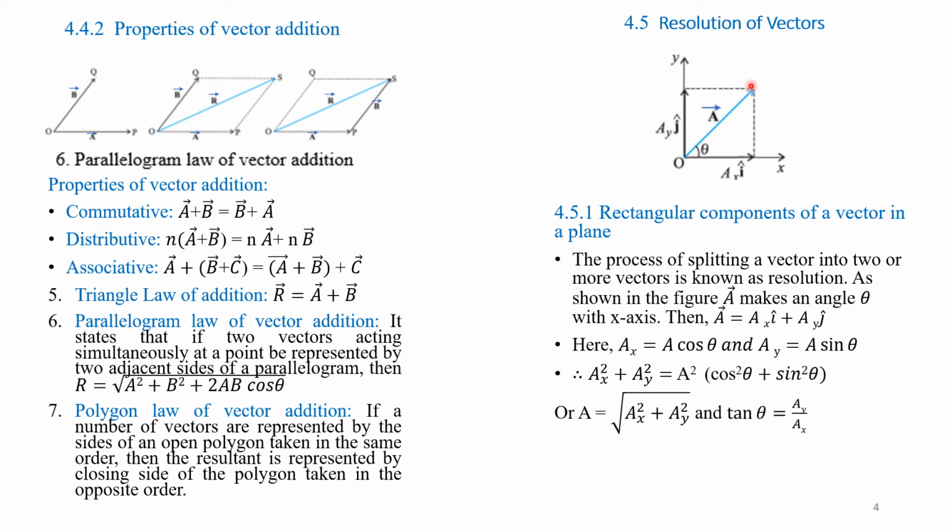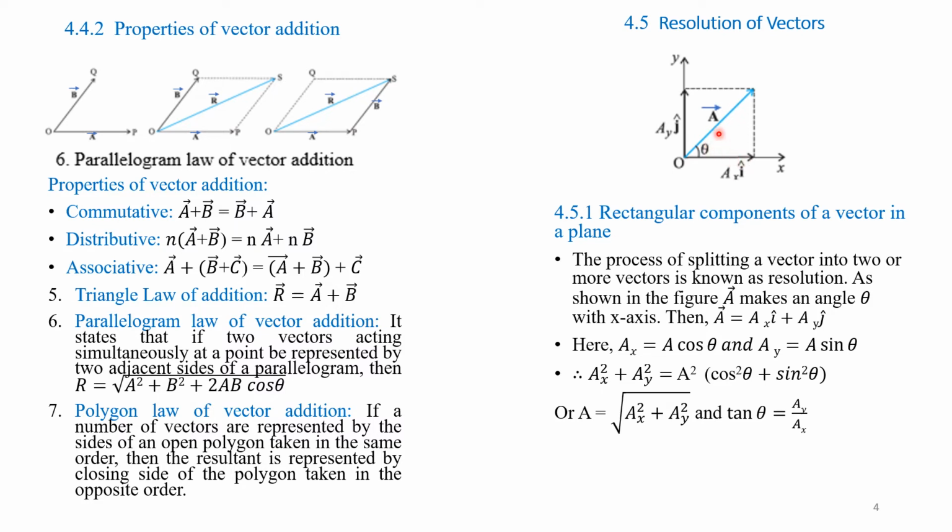See here, vector A and the angle between it and the x-axis, we can draw a vector from the origin. This is the x-axis and this is the y-axis. So we have to resolve the components of vector A along the x-axis and y-axis. The process of splitting a vector into two or more vectors is known as resolution. As shown in the figure, A makes an angle theta with the x-axis.